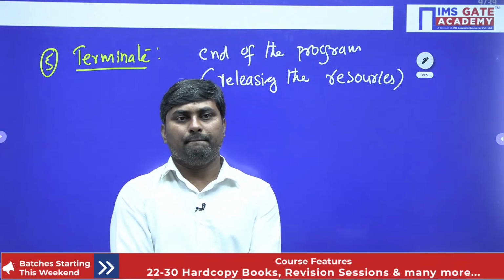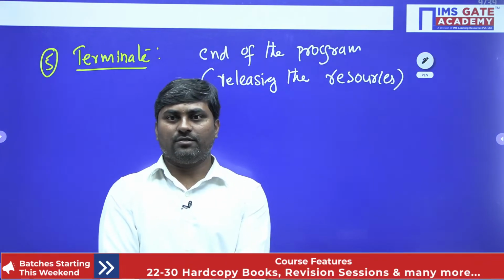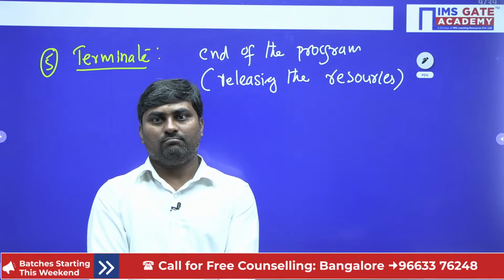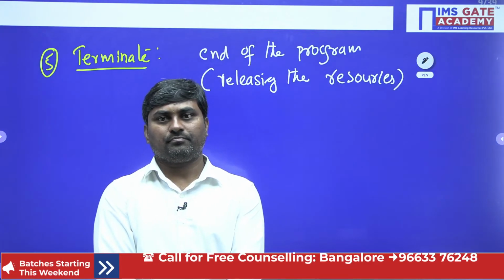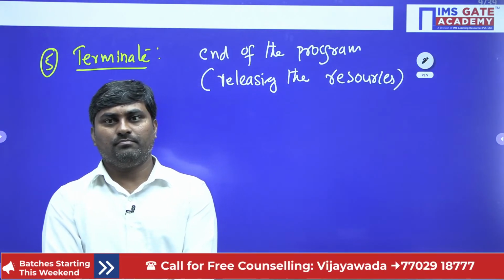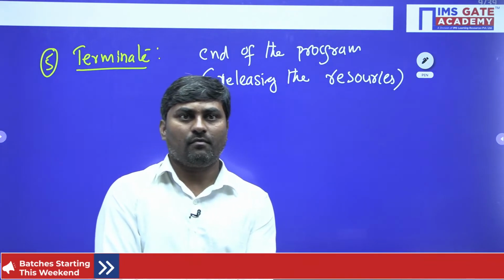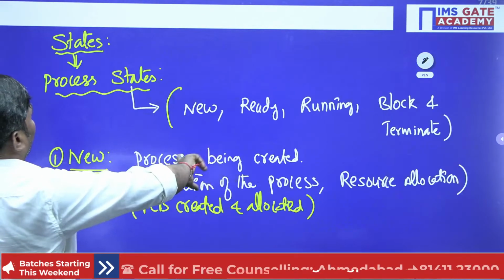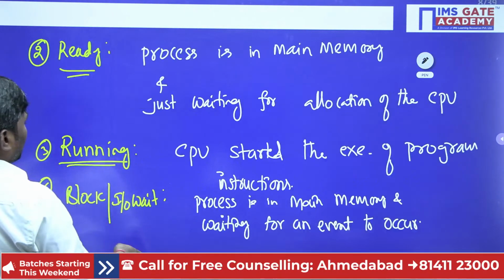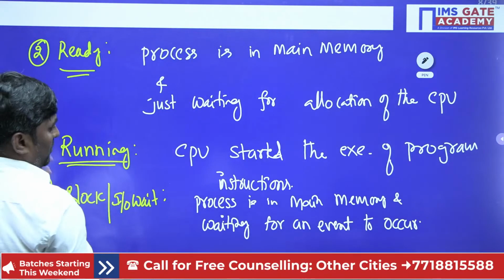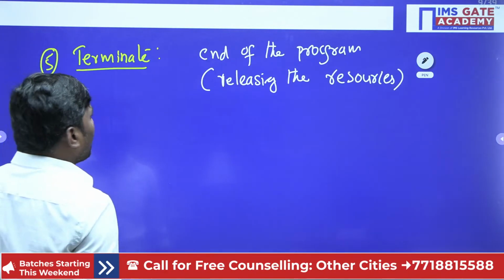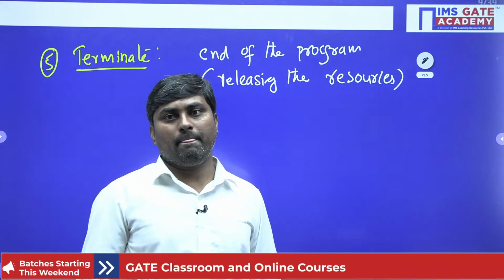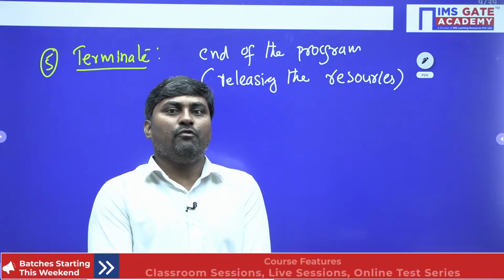Total 5 states. Ready: process creation, waiting for the CPU allocation, execution with the CPU. If IO activity is required, you have to do it, then terminate. So these are the 5 state model.